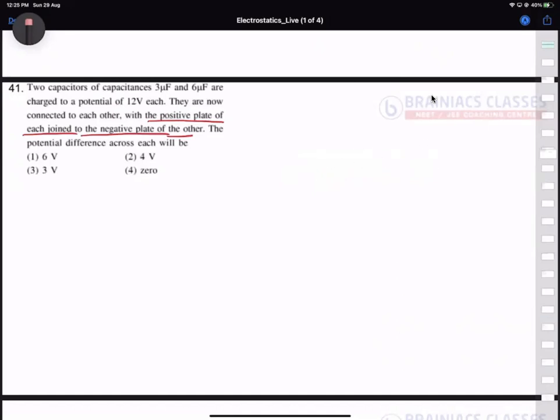Two capacitances, 3 and 6, are charged to a voltage of 12 volt each. Now they are connected to each other with the positive plates of each joined to the negative plates of the other. The first capacitance's positive is connected to the other capacitance's negative. That's the connection scenario: positive with negative.